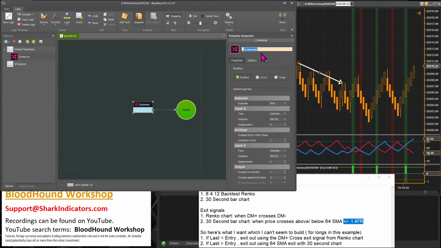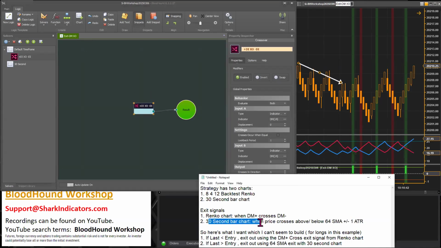But first, all right, just wanting to name this solver here first. So now this other exit condition here, I'm going to make a new logic template.